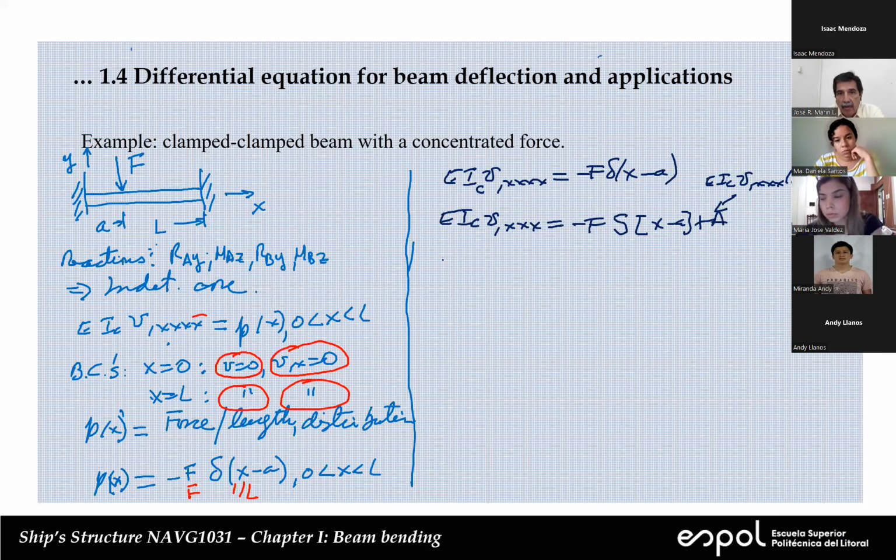Okay, we go on. EI V comma XX is equal to minus F, and here we have the ramp function. This is the ramp function, plus AX and plus another constant. And then we integrate one more time.